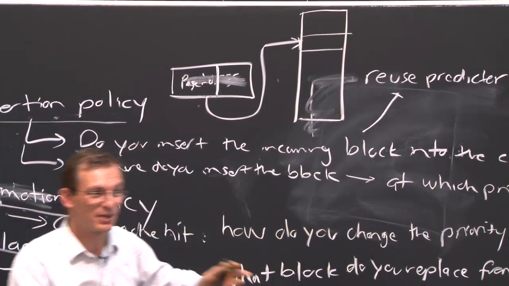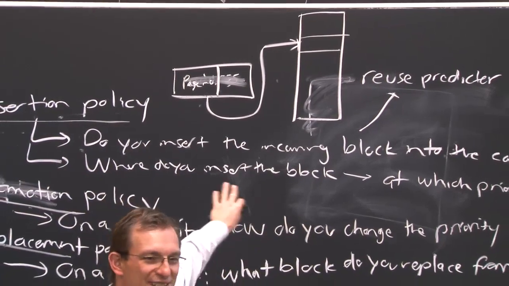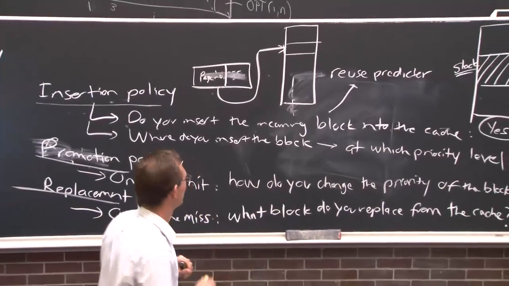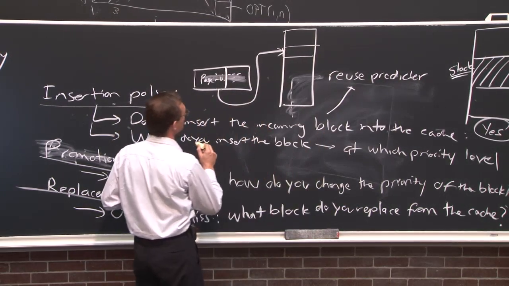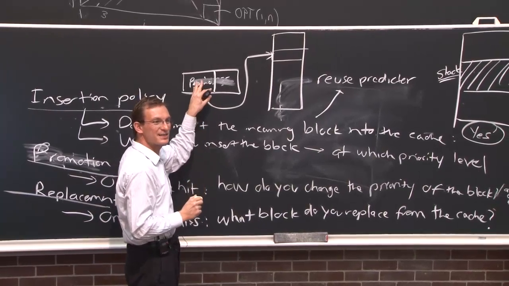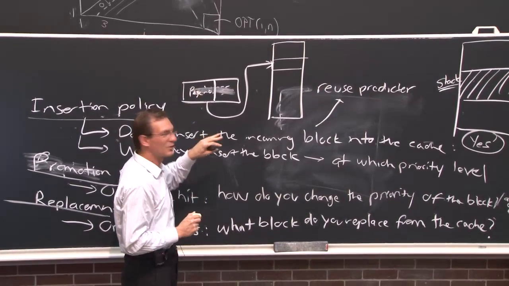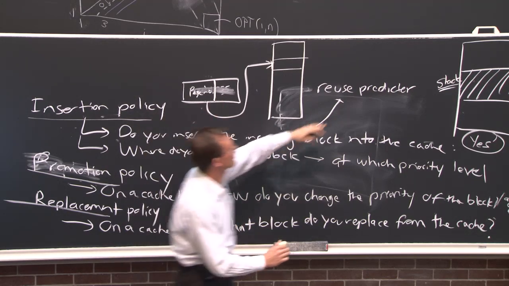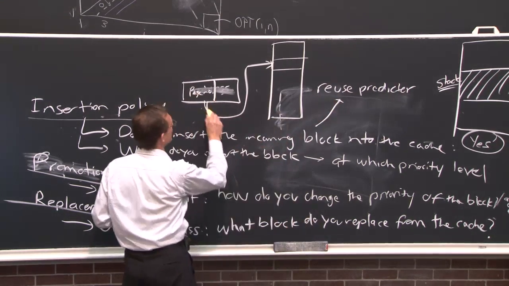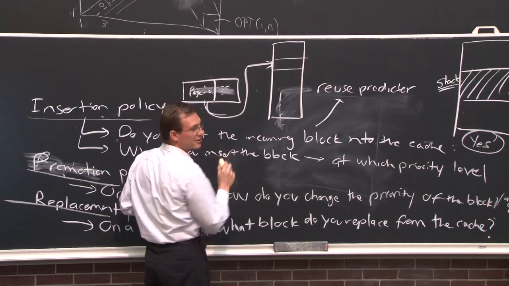And there's some predictors that are used in existing processors that don't exactly operate this way, but they try to minimize, they try to be more intelligent. Does this make sense? I'm glossing over the implementation details, but you can imagine how this works, right? You divide memory into coarser grain regions, and you check whether that coarse grain region has good locality or bad locality.